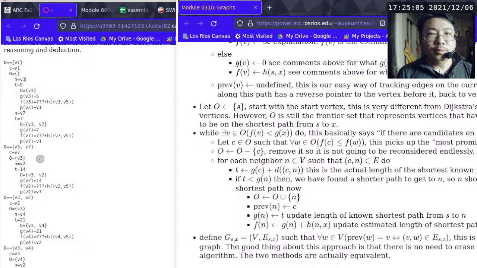So that is the last portion, which is also the most difficult portion to answer this question: to figure out certain H values so that the algorithm would behave exactly as specified in the trace.